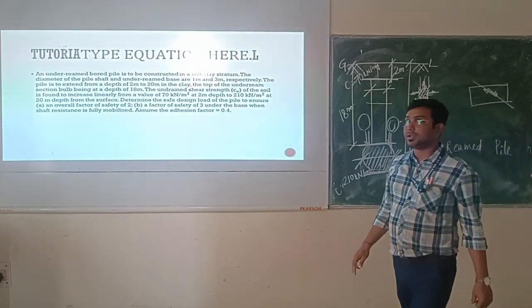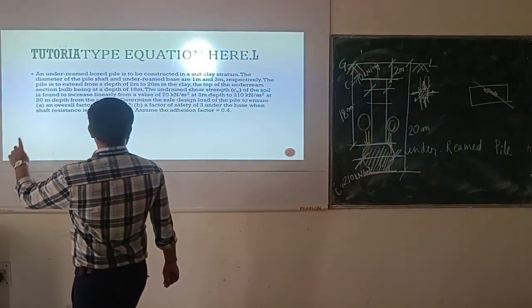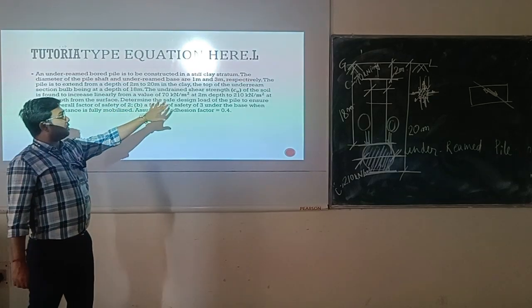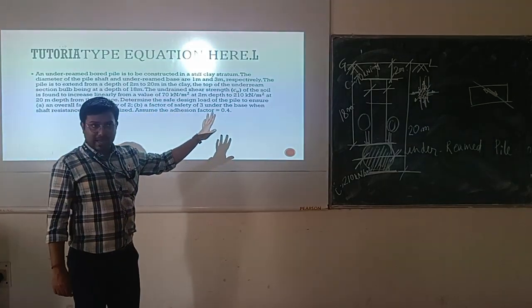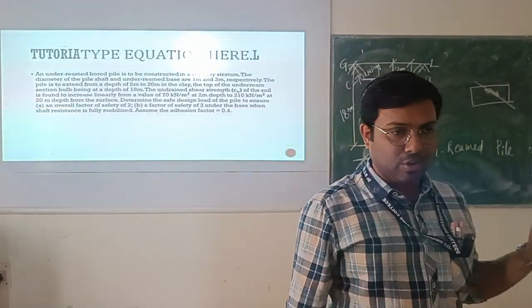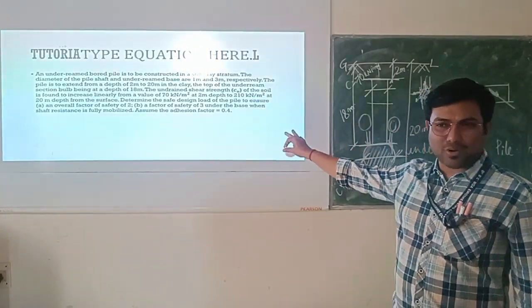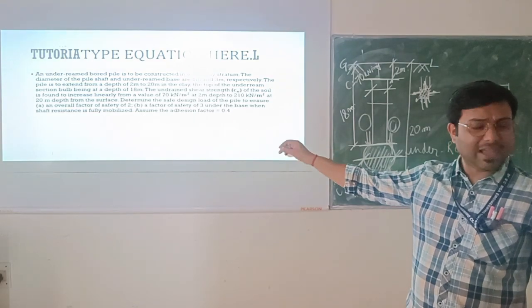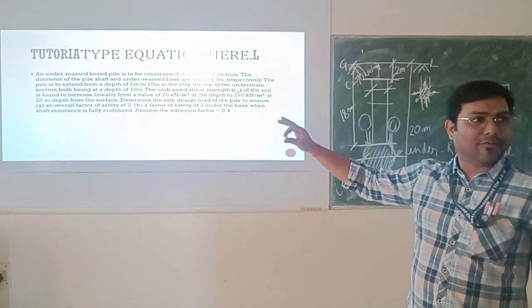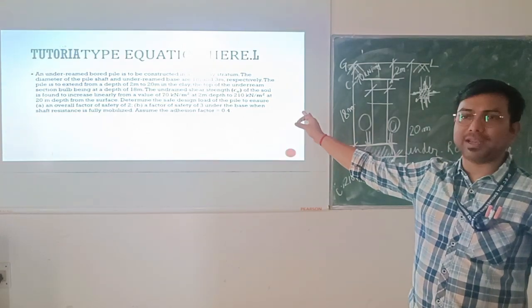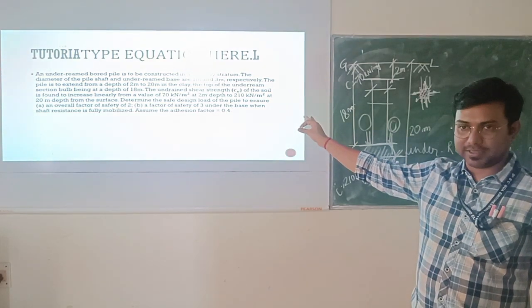Okay. So this is the data, and finally you have to determine the safe design load or the allowable load bearing capacity. Safe design load means allowable bearing capacity. Other things are not much important here to calculate the bearing capacity, but some factors of safety for different conditions are given for which you have to determine the allowable load bearing capacity.